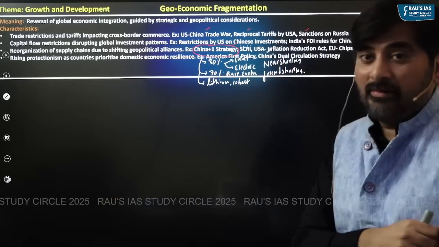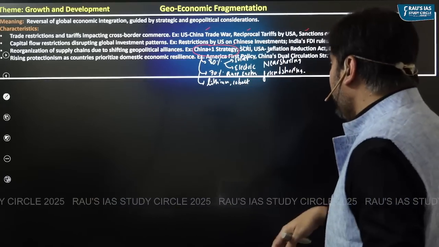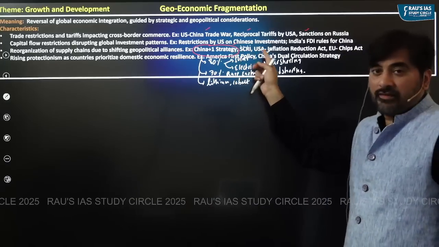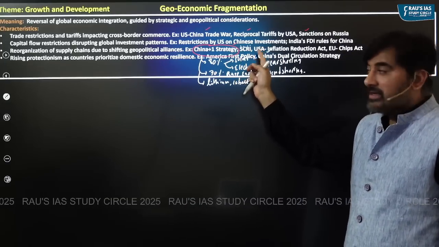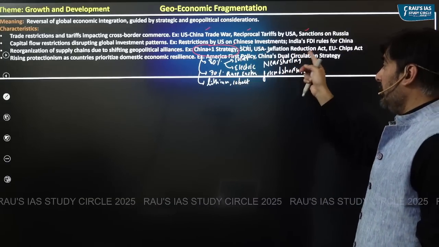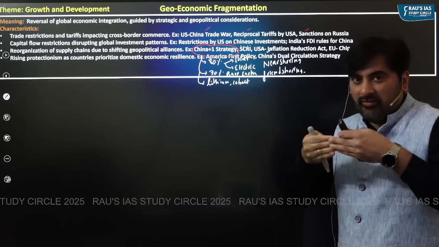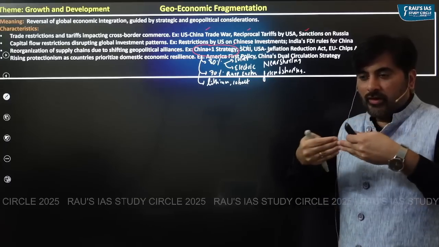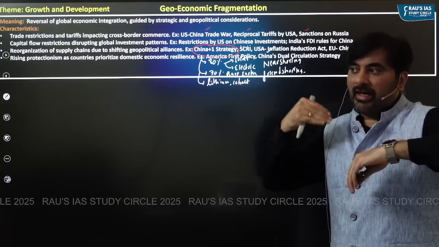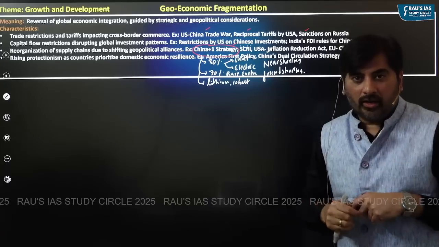There has been rising protectionism, which is evident in the America First policy, as well as China's dual circulation strategy. So countries are becoming more inward. Countries are focusing more on their domestic economy and less on the global economy.